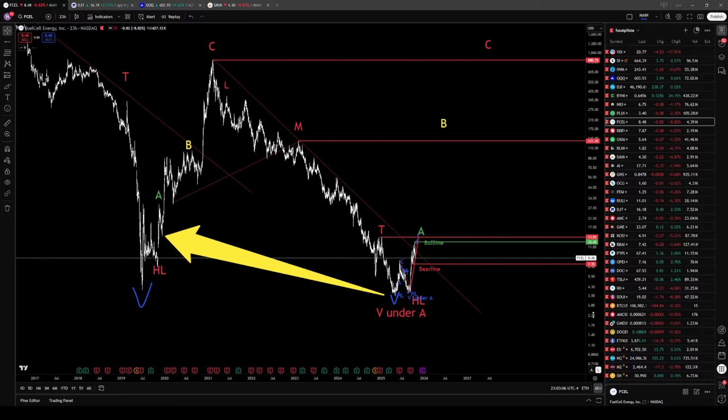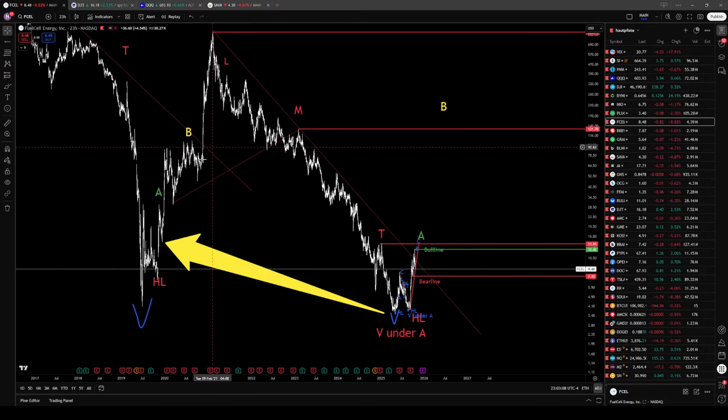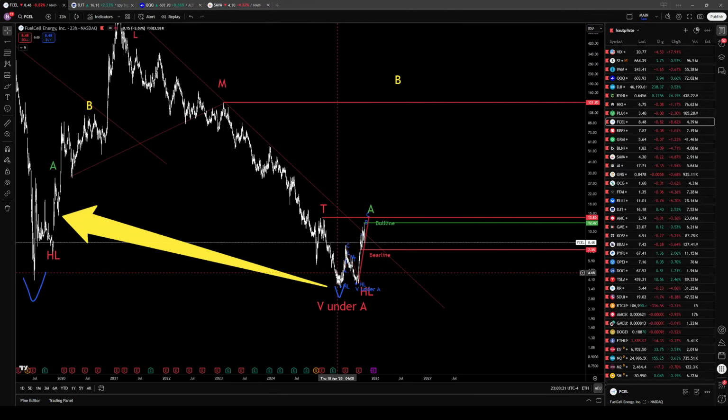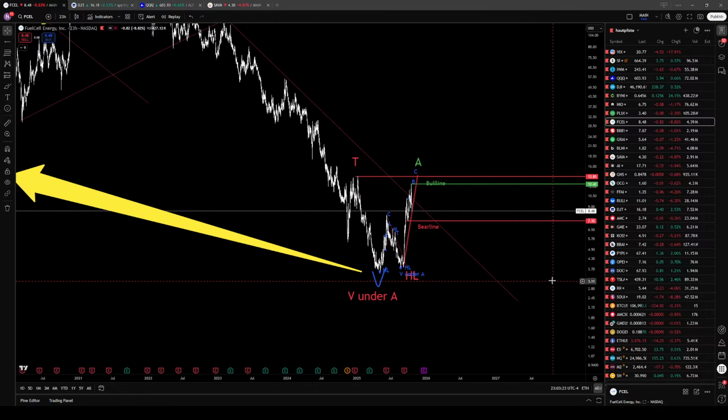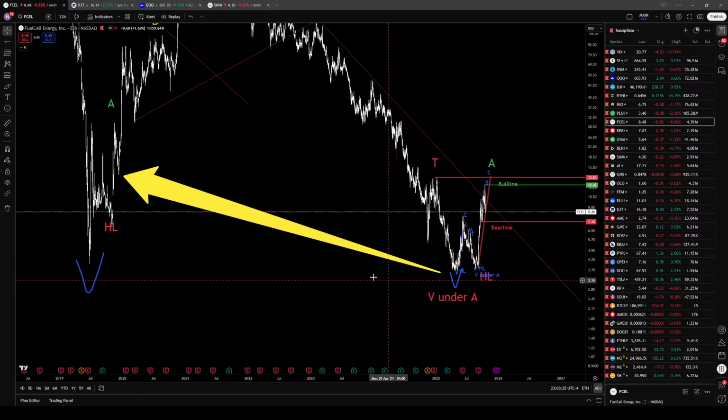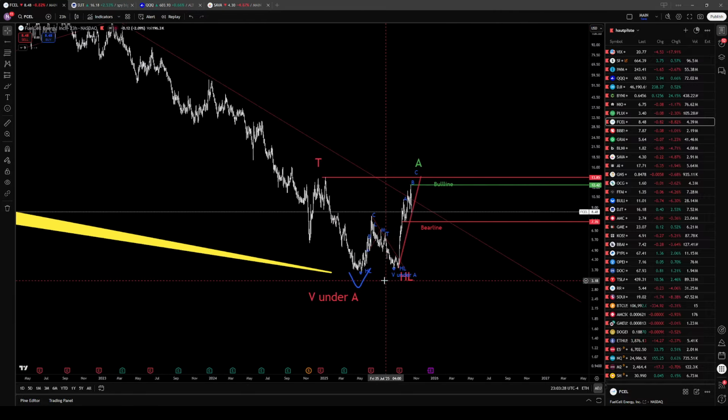Here you see it perfectly with the bounce and rejection, with the B line. Bounce, bounce, bounce, bounce, fall under it, reject, reject, one last reject, fall down to your T. Last time to sell before your B. Here you have again your V and A. Perfect. Higher low also finished.